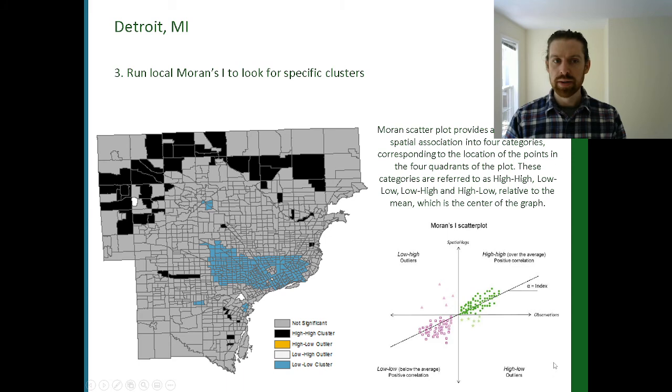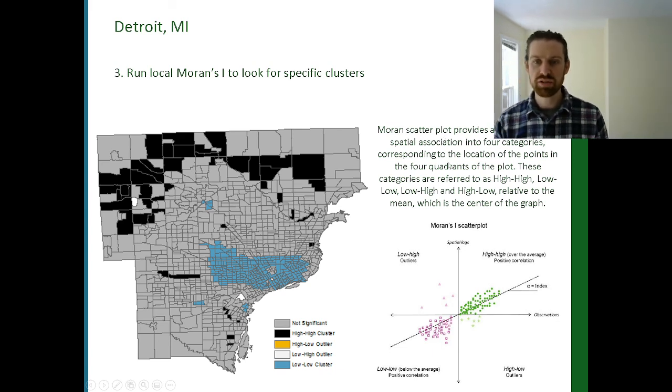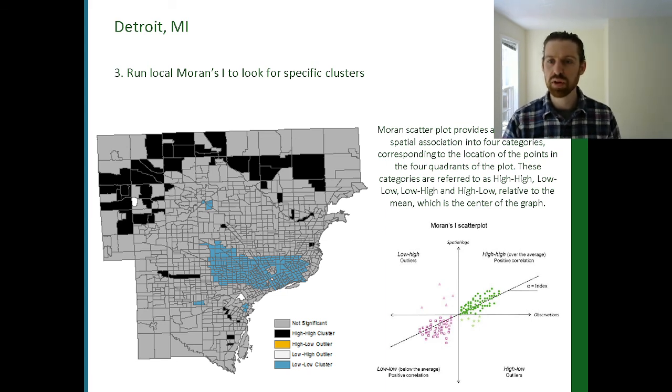Okay. We can also use Moran's I with this data to try to understand how clusters occur and where they sit within the distribution, based on this autocorrelation approach. Moran's I allows us to classify areas into 4 different categories, which correspond to the locations of the points in the 4 quadrants of the plot.